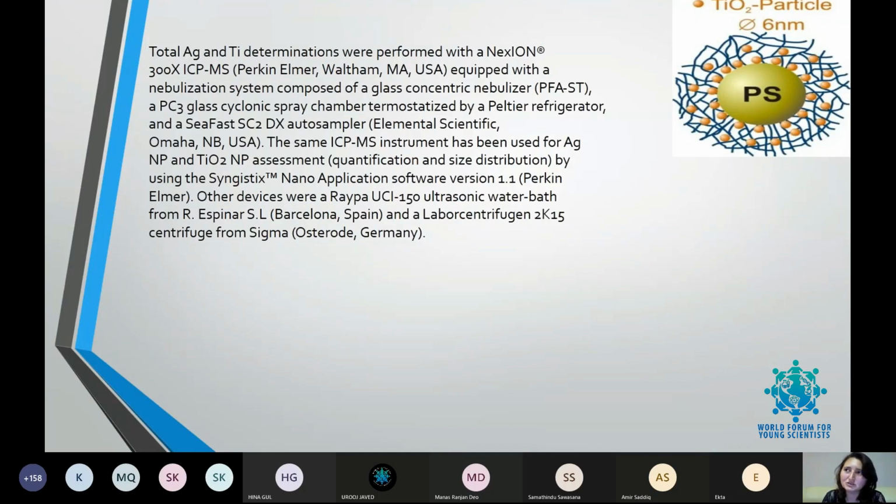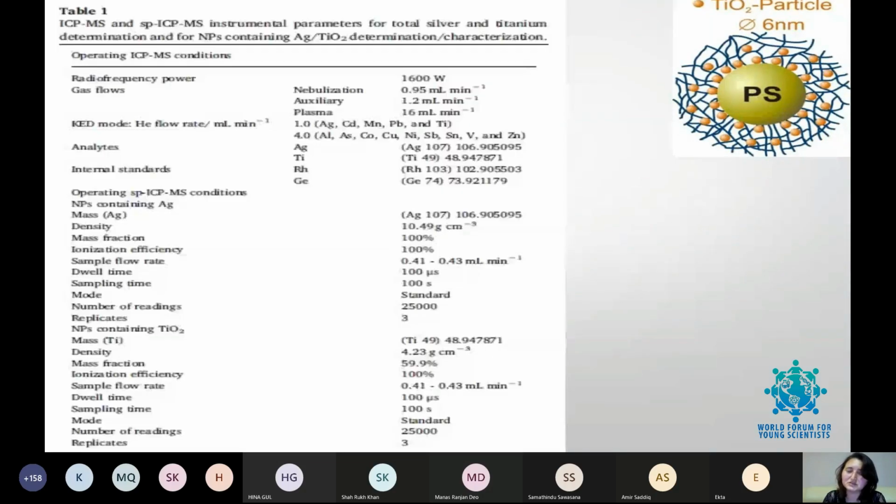Usually in centrifuged urine we found not a lot of nanoparticles, but in non-centrifuged urine we found a larger amount of nanoparticles than in the centrifuged. So in this table, you can see ICP-MS and single particle ICP-MS instrumental parameters for the total silver and titanium determination, and for the determination and characterization of nanoparticles containing silver and titanium dioxide.